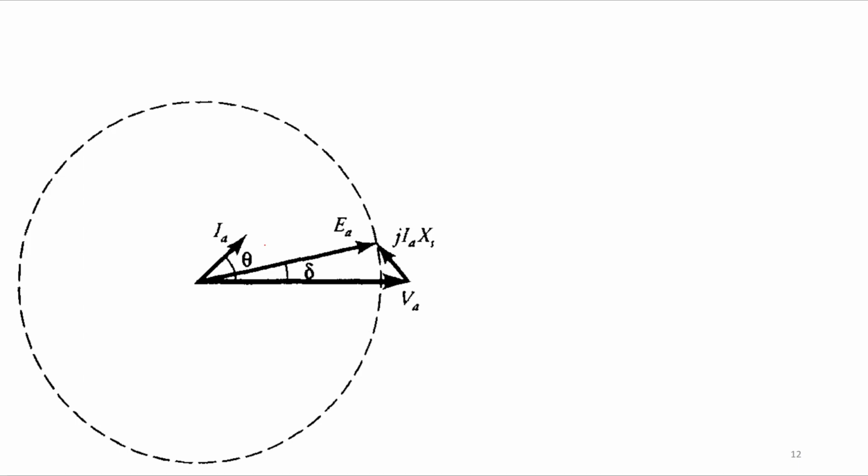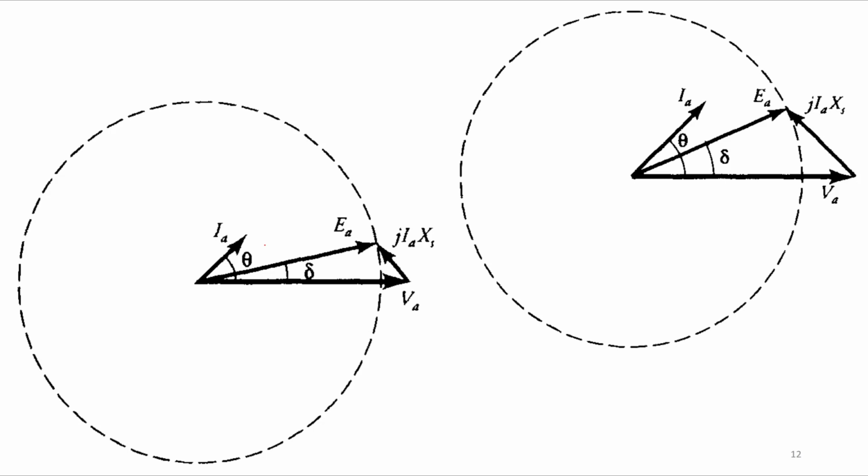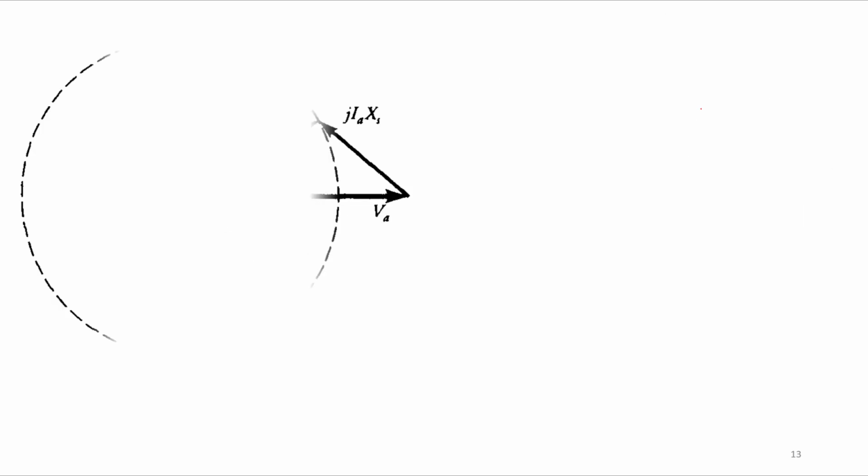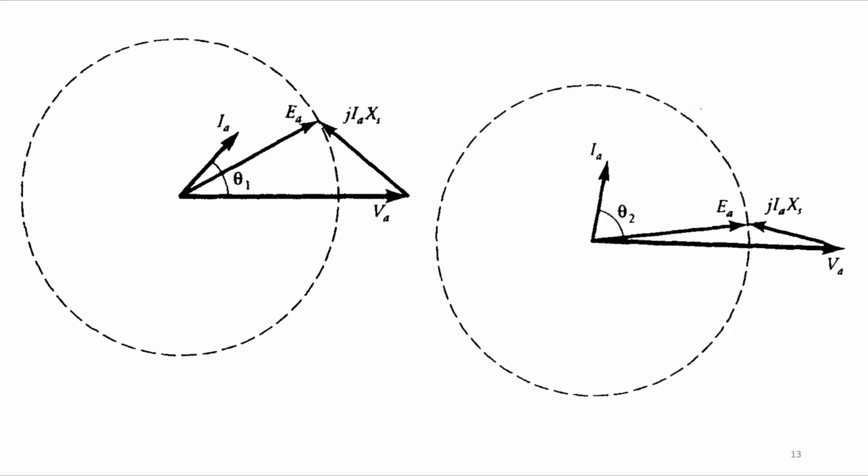Comparing both figures, we can see the terminal voltage magnitude is increasing for constant power factor and increased magnitude of the load current. Whereas if your load power factor angle increases, then your voltage is also increasing and your delta is decreasing, right?